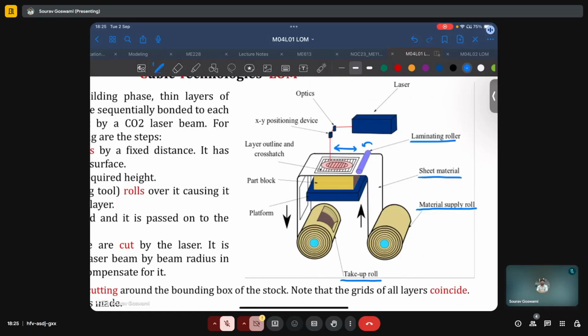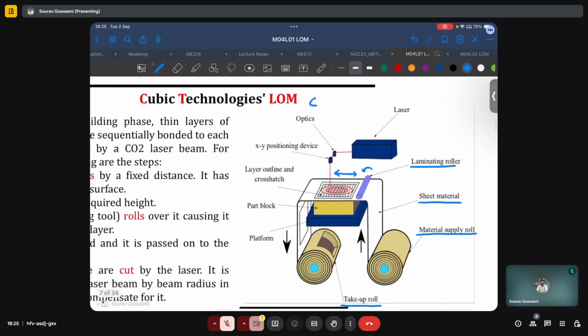We have a laser system and some optics. As we discussed last week, typically this will just be a galvanometer, which is a pair of mirrors mounted onto two motors, which are very agile and can swiftly scan or project the laser beam all over the printable area.